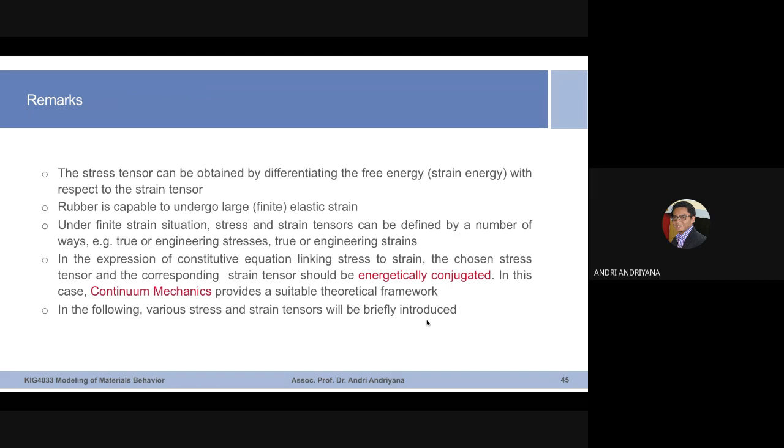It is given by thermodynamics. I will not go too much into the detail, but when we write the mathematical equation for stress and strain in large strain like rubber, they have to be paired from the thermodynamic standpoint, and it is called energetically conjugated. Okay? This is developed more in continuum mechanics.